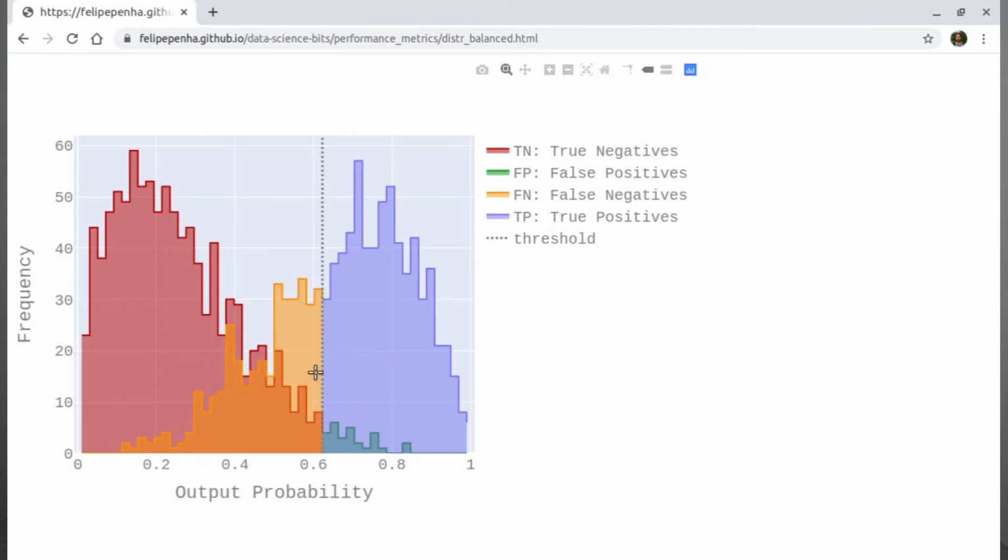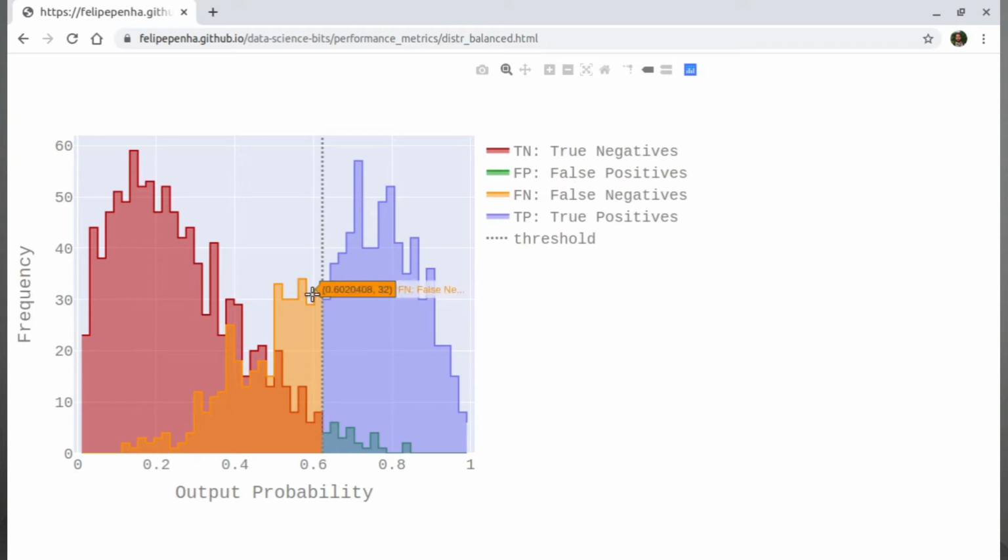Now we have the tails of the distributions. First, this tail here in green. We know they are actual negatives, but they are being predicted as positives because they are above the threshold. So these are false positives, FP.